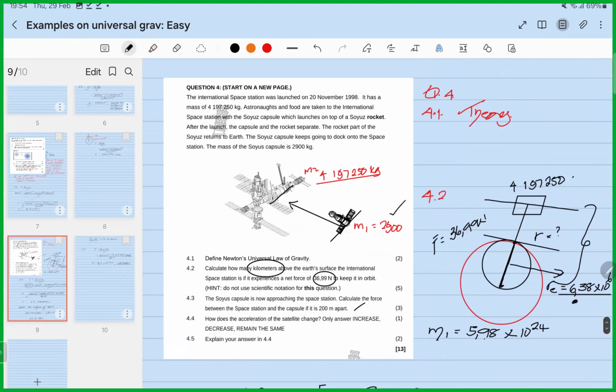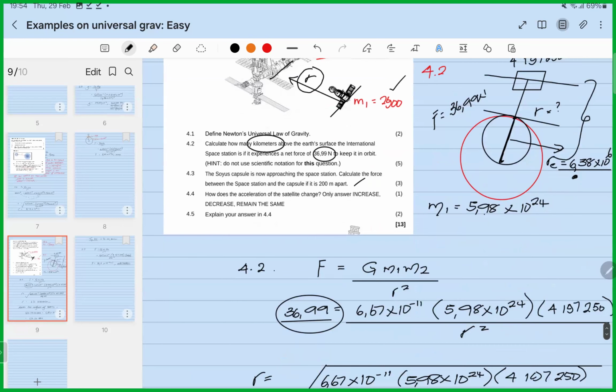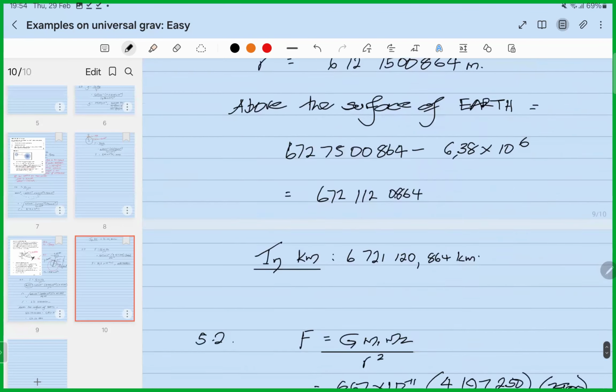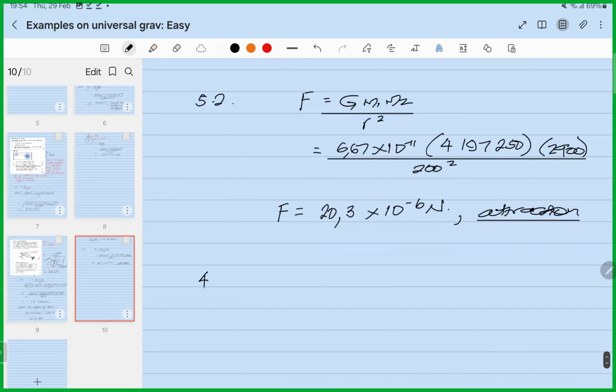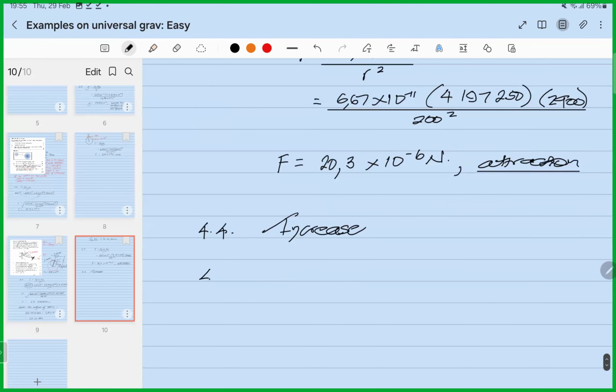Because as this moves closer, r gets smaller, and the gravitational force is inversely proportional to the distance of separation. If F increases, then your acceleration will increase. So 4.4: increase, and then the explanation. F is inversely proportional to r squared. As r decreases, F increases.